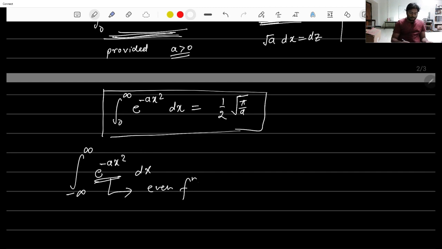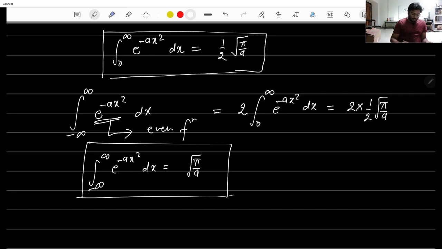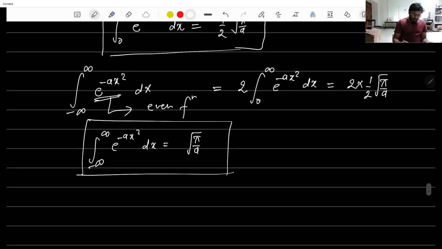Because it is an even function, you can change the limit from 0 to infinity and make it 2 times, so this becomes 2 times 1 by 2 root pi by a. So if you change the limit to minus infinity to plus infinity, the integration becomes root pi by a. Fine. Okay, so we did an extension of this integration.